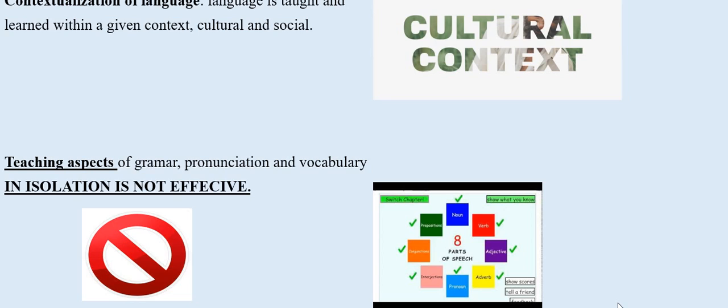I'm not saying that learning does not take place. Obviously it takes place, but it's going to be much more effective when those aspects are contextualized, linked to a cultural, social situation.